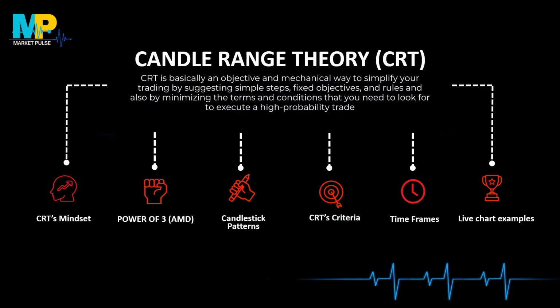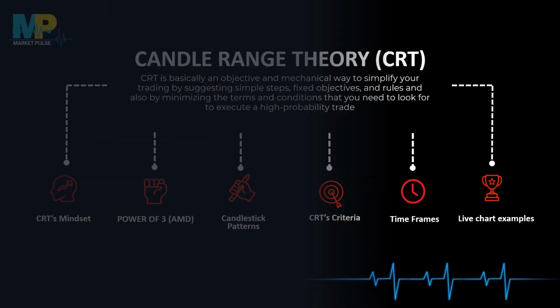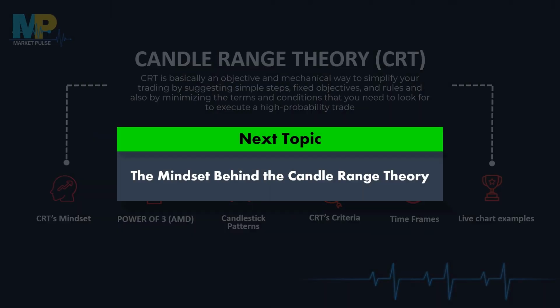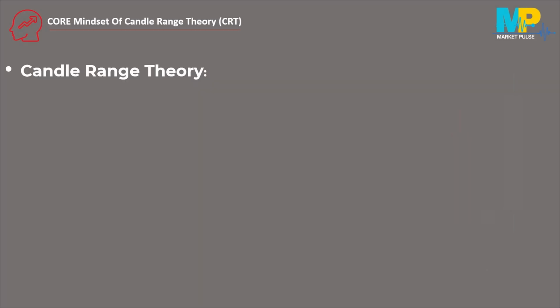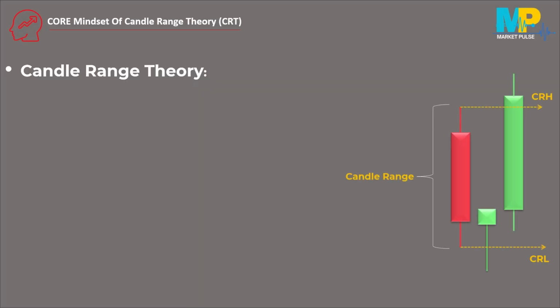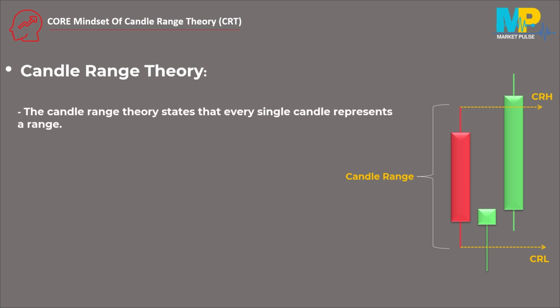Before discussing the basics of candlestick CRTs, let's quickly examine the psychology behind the candle range theory. So, what is the candle range theory? The candle range theory states that every single candle represents a range. So, a candle in a higher time frame equals a range in a lower time frame.